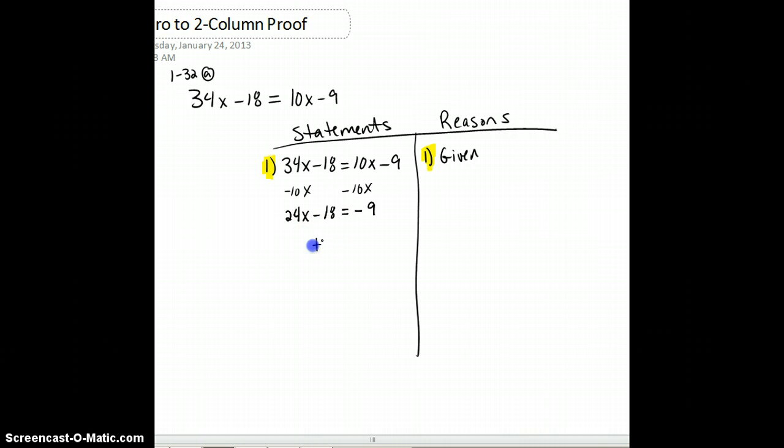Let's add 18 to both sides. So now I have 24x is equal to a positive 9. Now we are going to divide both sides by 24.